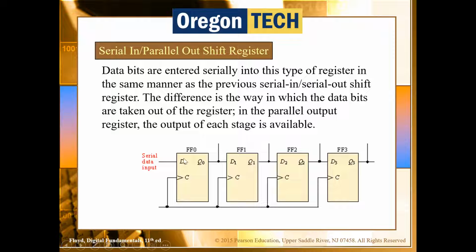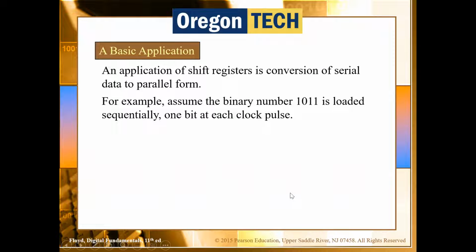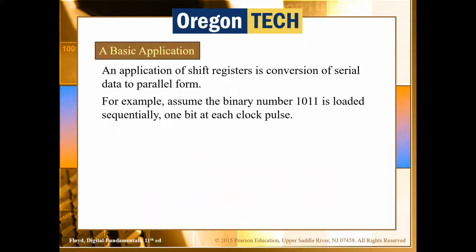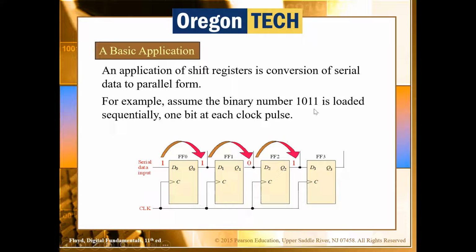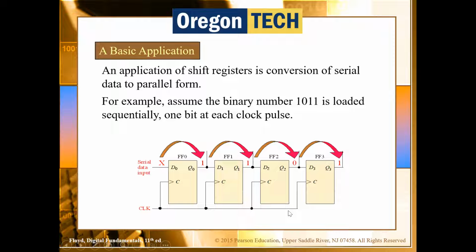After 4 clocks, I have the 4 bits ready to be read. This is 1. Shifted. I'm feeding 1, 0, 1, 1. Now all 4 are ready. We can read them from the parallel out.